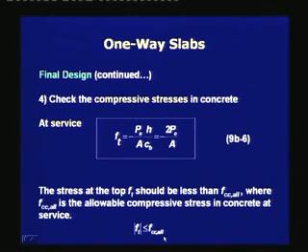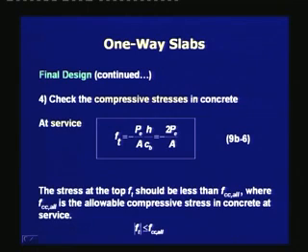Next, we are checking the compressive stress in concrete at service conditions. The expression for the stress at the top is similar: Ft is equal to minus Pe by A, which is the average prestress, times H by Cb. This relationship is again coming from the triangular stress distribution, and this is equal to minus 2 Pe by A, because H is equal to 2 times Cb.